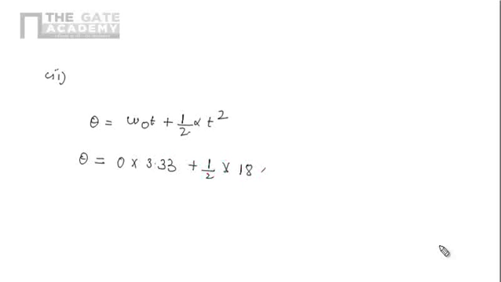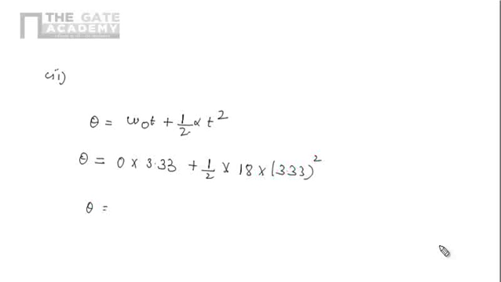In the second part, we have to find the number of revolutions through which the pulley rotates during that period. We can use the other equation, theta equals omega naught t plus 1 by 2 alpha t square. The initial angular velocity is 0, the time we have already calculated is 3.33 seconds, plus 1 by 2 into alpha, that is 18, into time 3.33 squared.